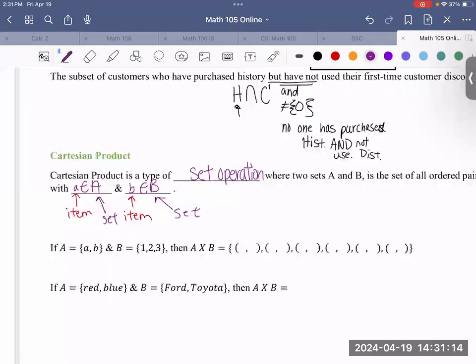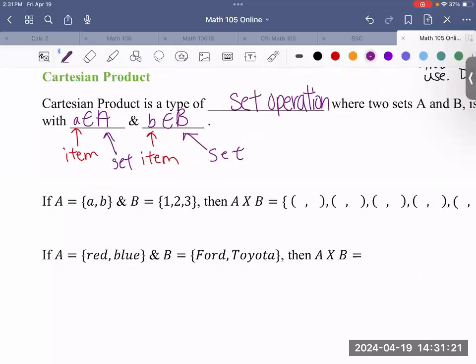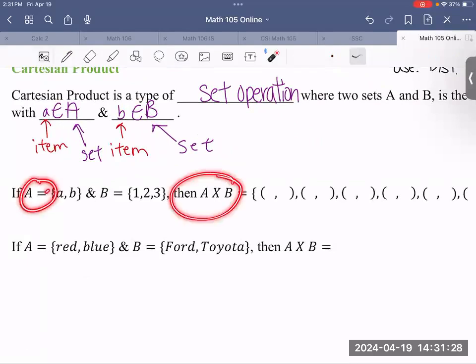So, for example, if A is a and B is 1, 2, 3, then A times B. So each element of A has to be paired with each element of B.